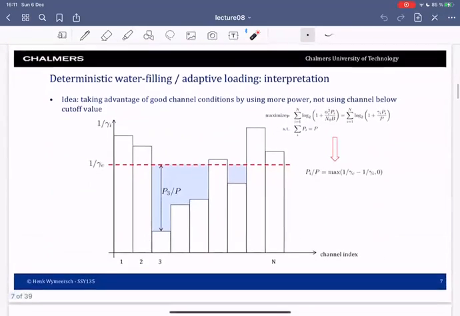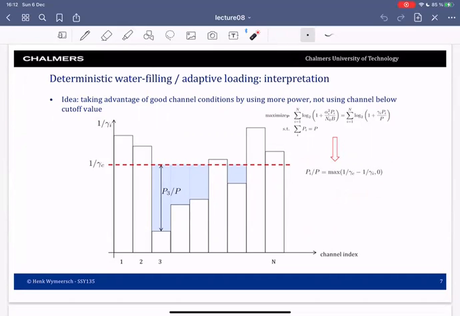We've also seen another case which is called deterministic water filling. In this case, at each time you have a certain number of channels available, and you need to allocate power to those channels subject to a total power constraint, so not an average power constraint. The optimization problem turns out to be of the same form as before, and of course a solution of the same type as before.